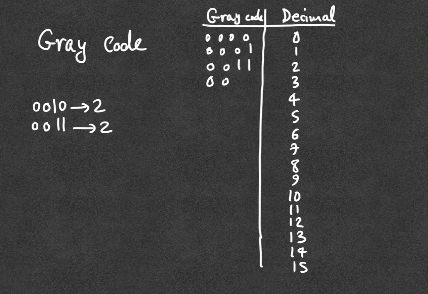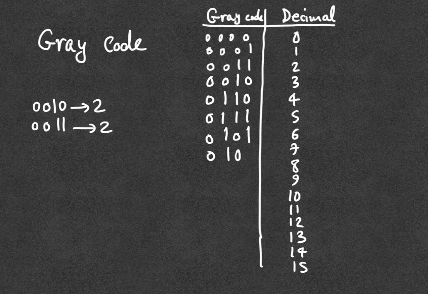So 0010 is going to be 3. Then you have 0110 as your 4, 0111, 0101, 0100, and so on, until 1111 represents 10.